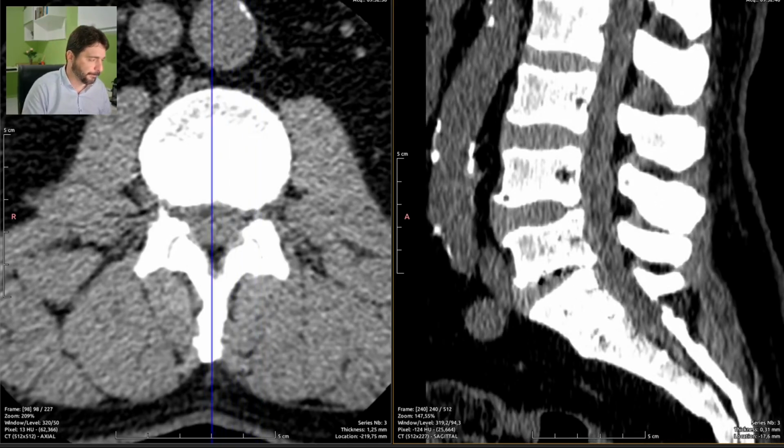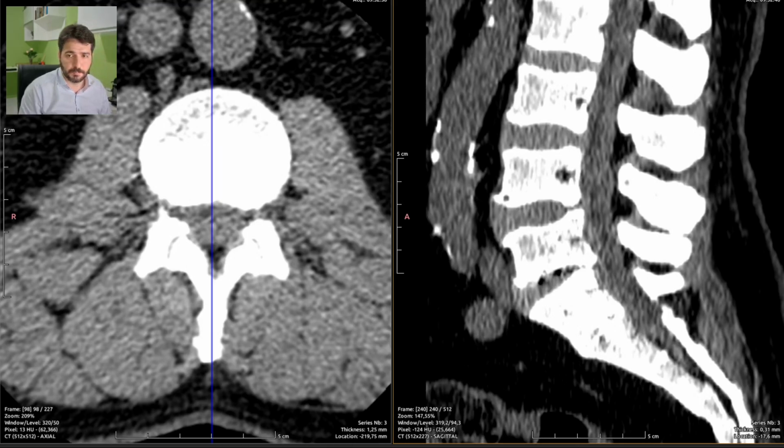So segments L4, L5 and L5S1. This is a diffuse bulging disc with an extruded component, posterior extruded component that occupies both the vertebral canal and the neural foramina, the intervertebral foramina.